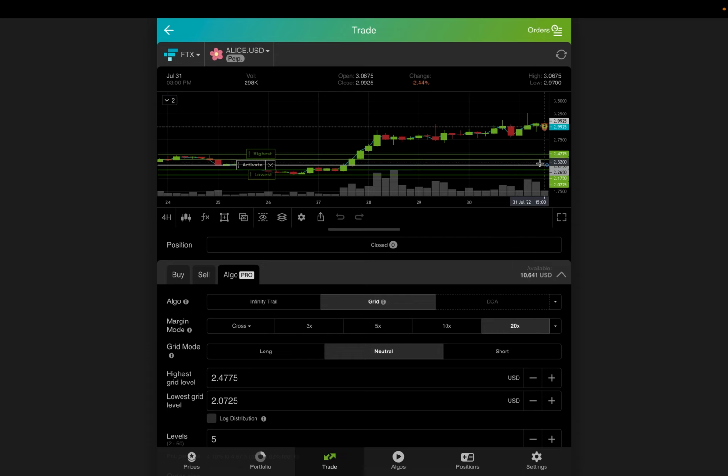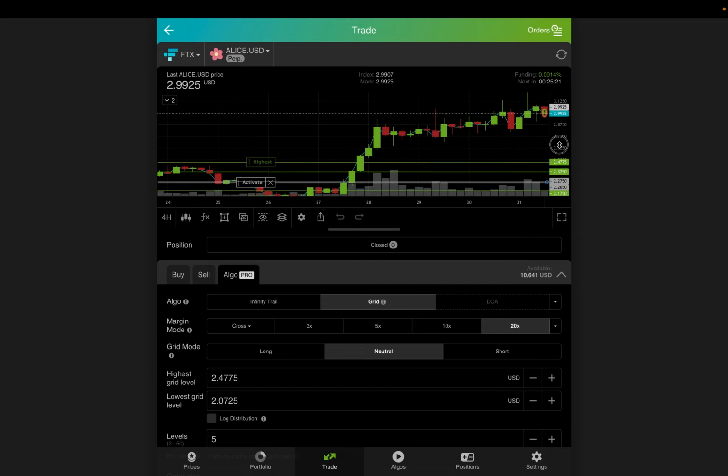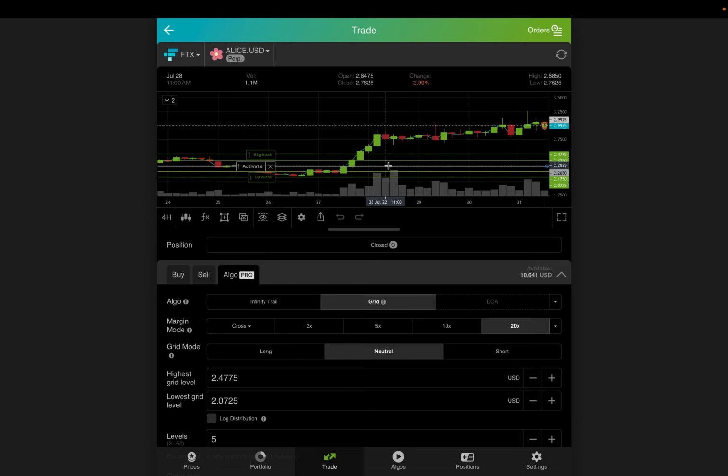So once the price falls to the activation level, it will stay in the middle of the grid. The grid will be neutral with orders above and below the market price at that moment.